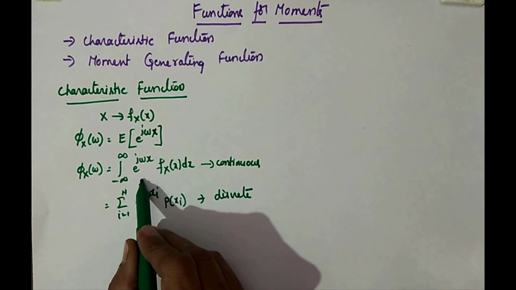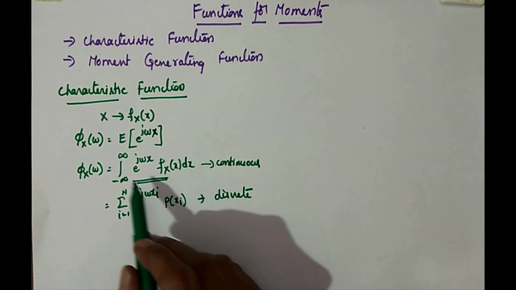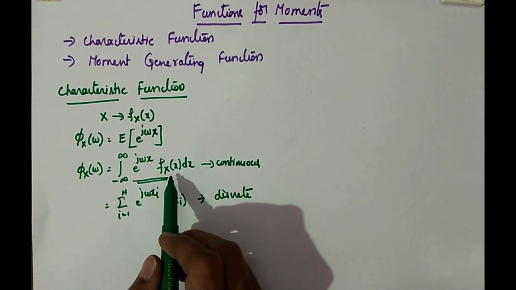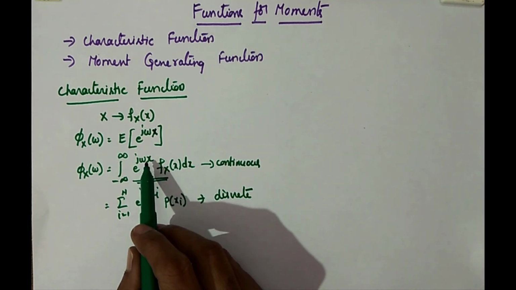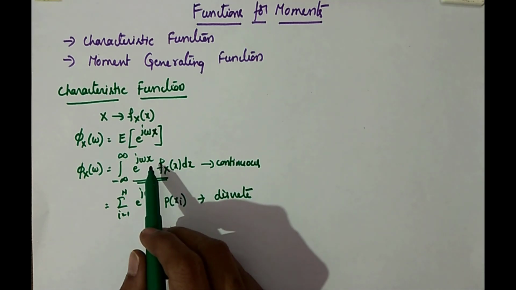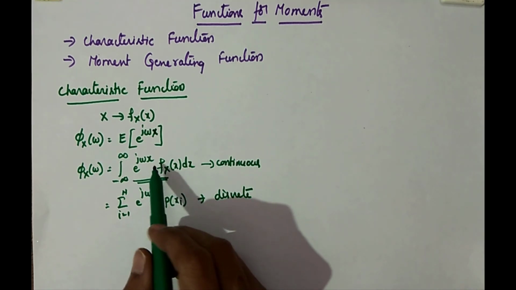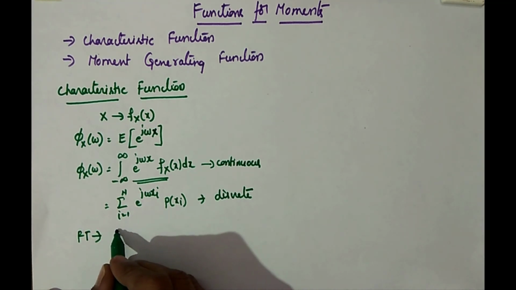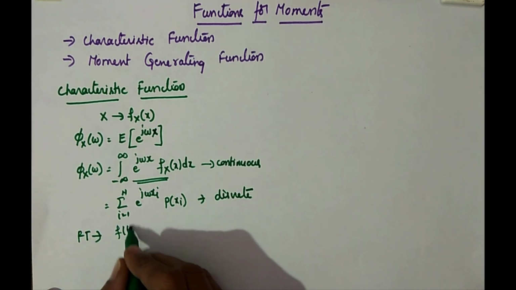Now if you observe this formula, it is nothing but the Fourier transform of the density function fX(x) with the sign of omega reversed. What is this Fourier transform? Suppose we want to write the Fourier transform of the function f of t.